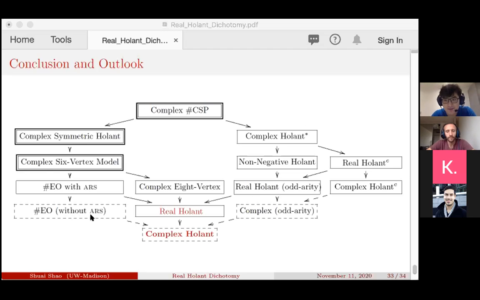In statistical physics, there are problems like six-vertex models that do not satisfy this symmetry, and these problems cannot be captured by real valued Holant problems. So there do exist problems that can be expressed by complex valued Holant problems but not real valued ones, so it's interesting to extend the dichotomy for real valued Holant to complex valued Holant.